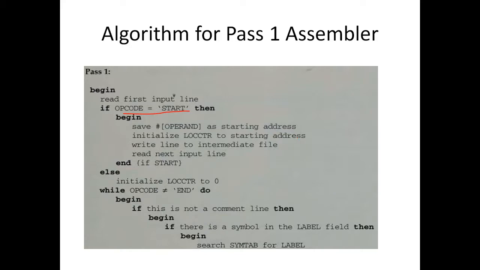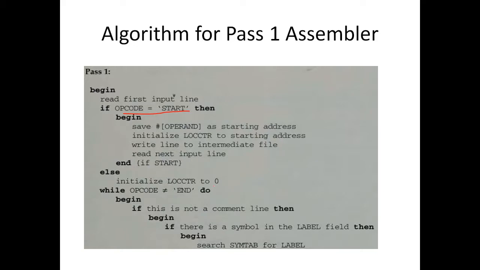Then write the line to the intermediate file. The intermediate file is a file which we give to the pass 2 assembler. Read the next input line if you have it. Otherwise, if you don't have a starting address as 100 or any other number, initialize the location counter to 0.